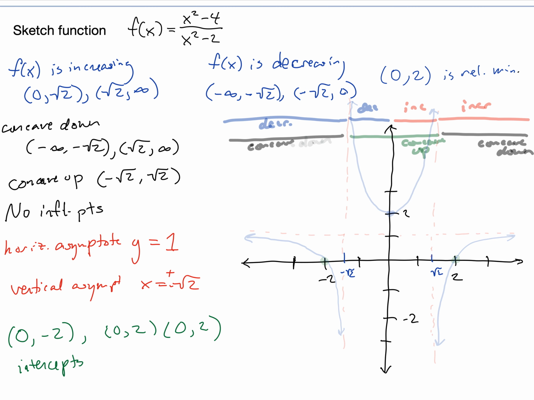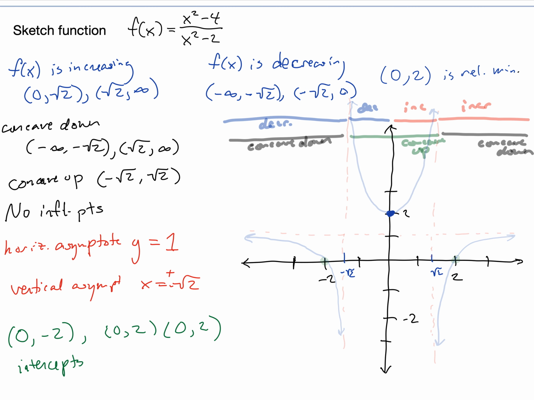Okay, what else do we know? We know we have no inflection points. We know that we do have a relative minimum at (0, 2).